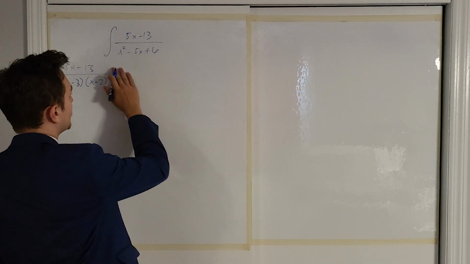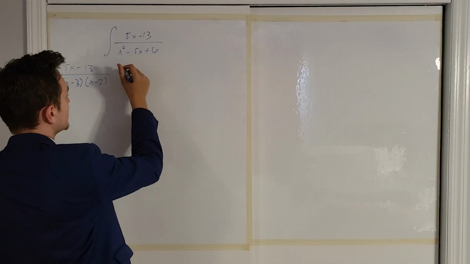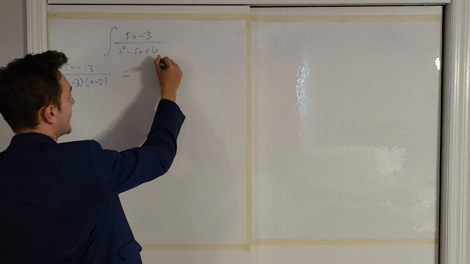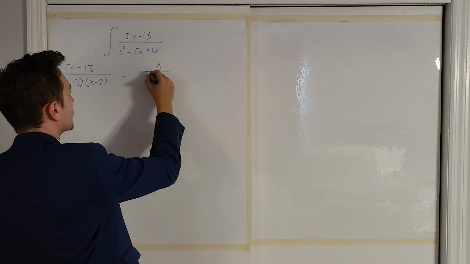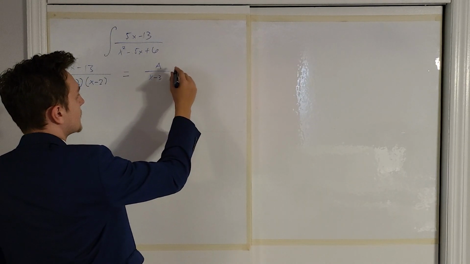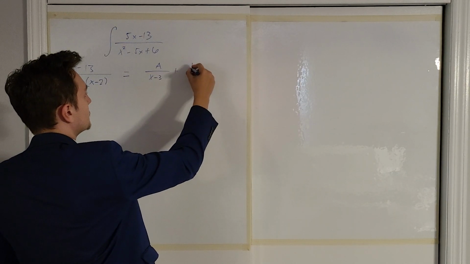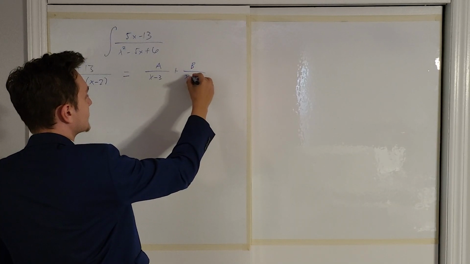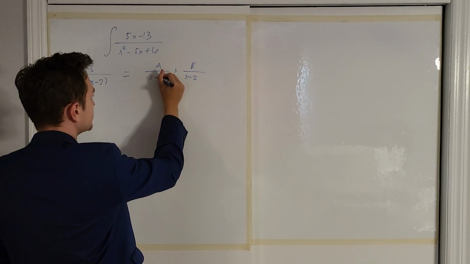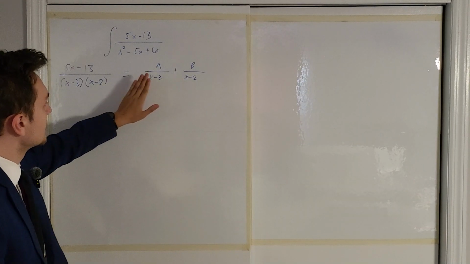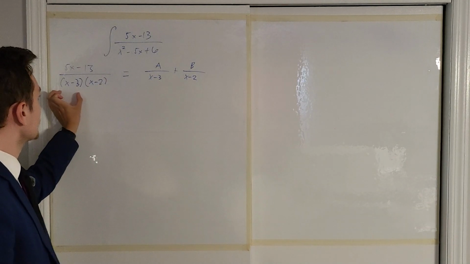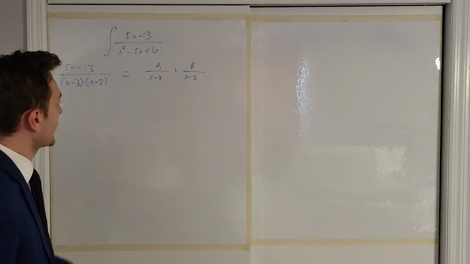Okay? So my decomposition is I'm going to say this is equal to A over x minus 3 plus B over x minus 2, okay? I'm going to set this statement true. One is over one of the factors, one is over the other factor.